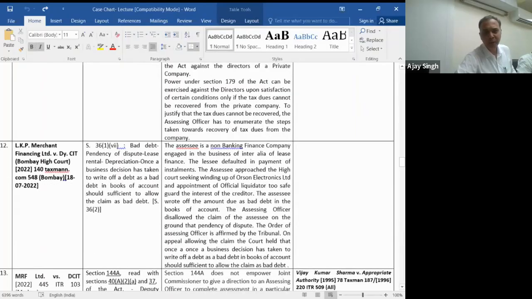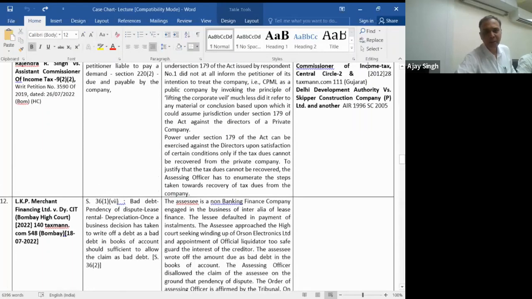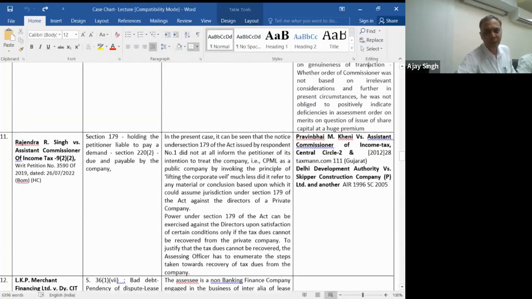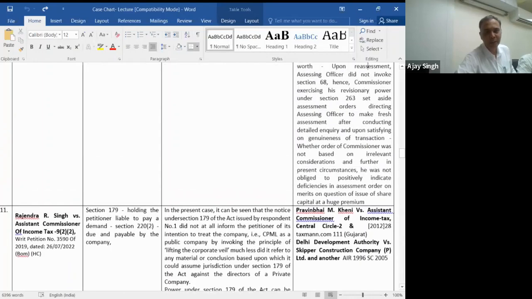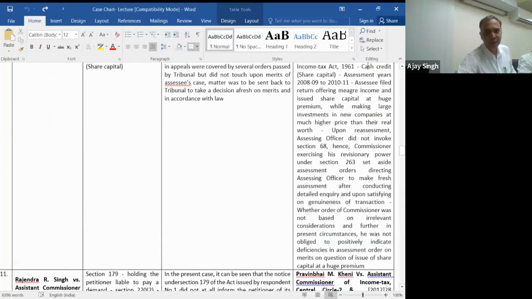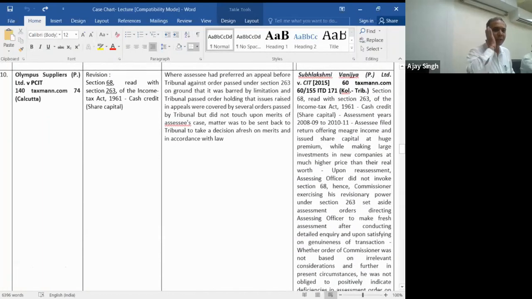For the Calcutta High Court decision, this is in context to Section 263, wherein the addition in regards to cash credit under Section 68, the Commissioner had revised the original order.